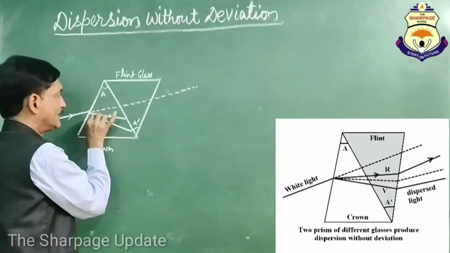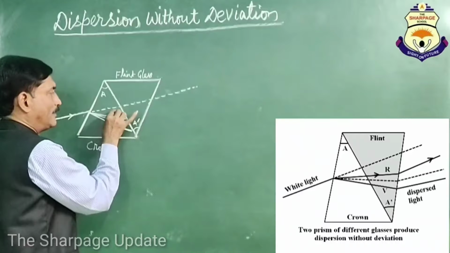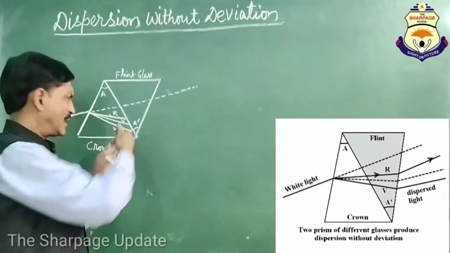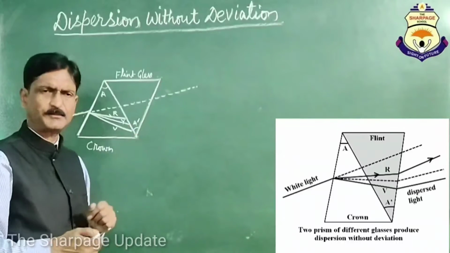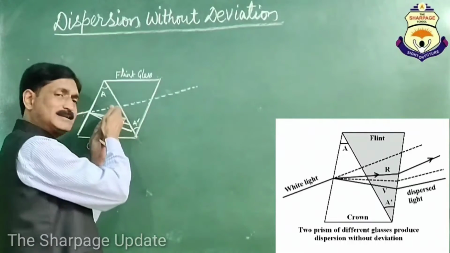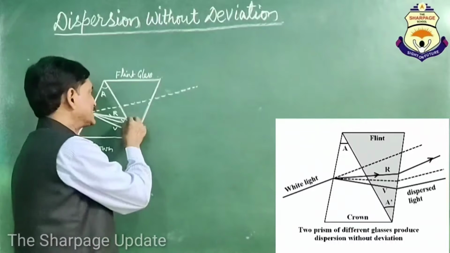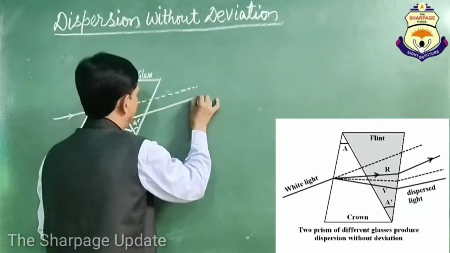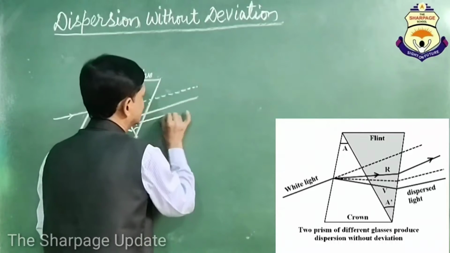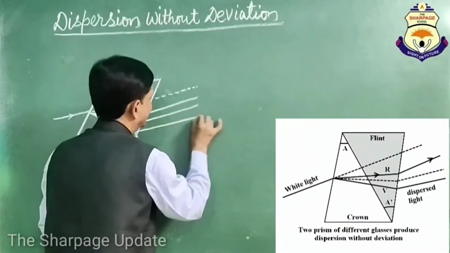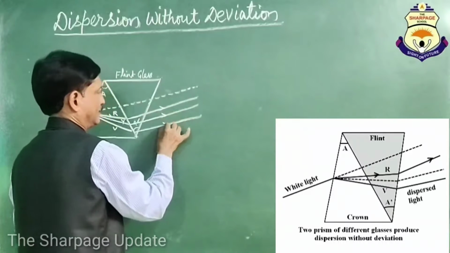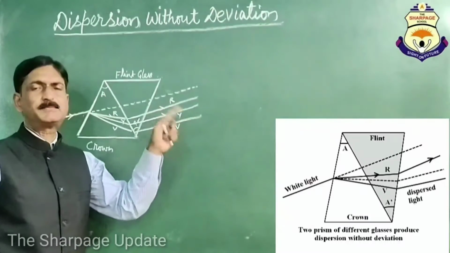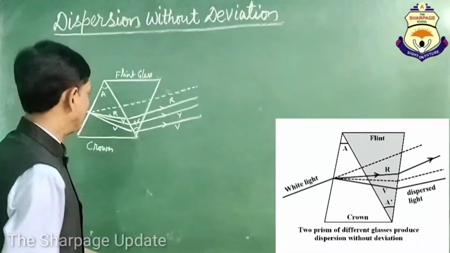It means red, yellow and violet, and the remaining colors are in between red and violet. And this spectrum of light is again passed to the second prism in this direction: red, violet, and the mean color is represented by Y.